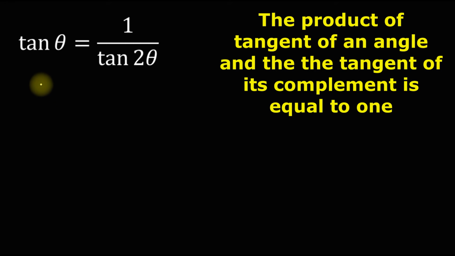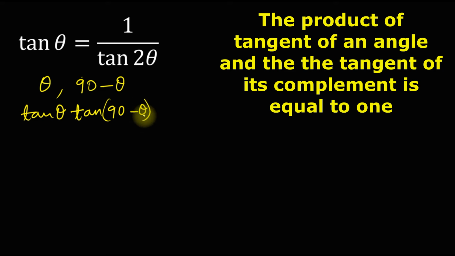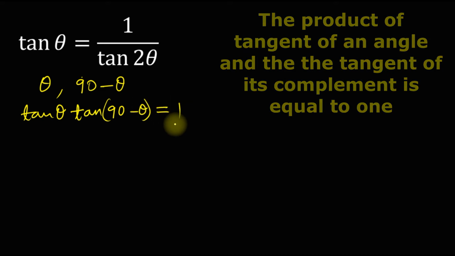That is, if theta is an angle, its complement is 90 minus theta. Therefore it means that the product of tan theta and the tangent of its complement, which is 90 minus theta, will be equal to 1.